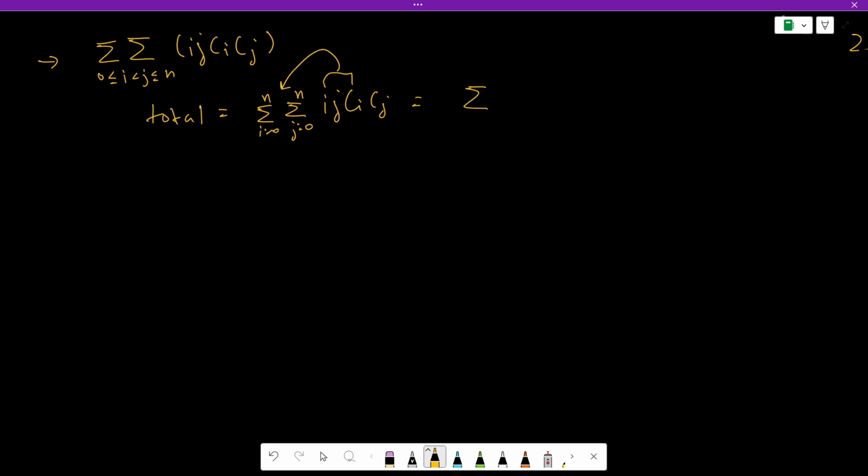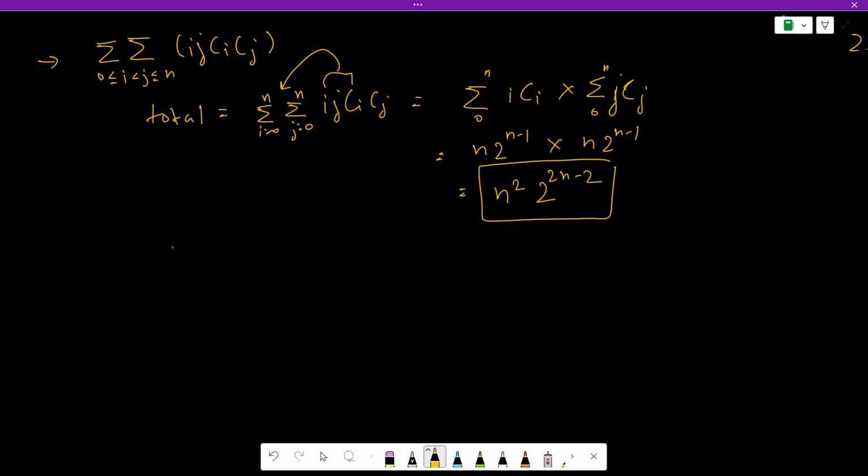So this is equal to summation i into ci 0 to n into summation j into cj 0 to n. Now this is equal to n into 2 to the power n minus 1 into n into 2 to the power n minus 1, which is equal to n square 2 raised to the power 2n minus 2.